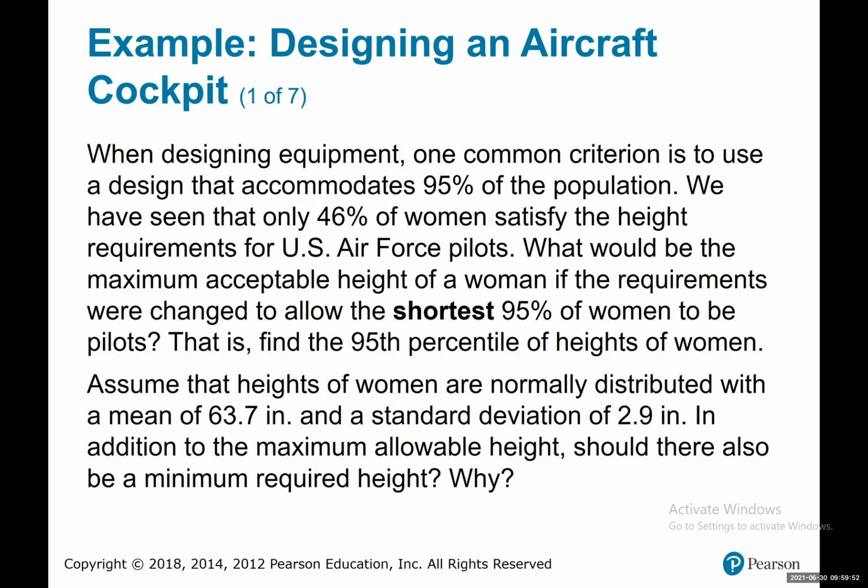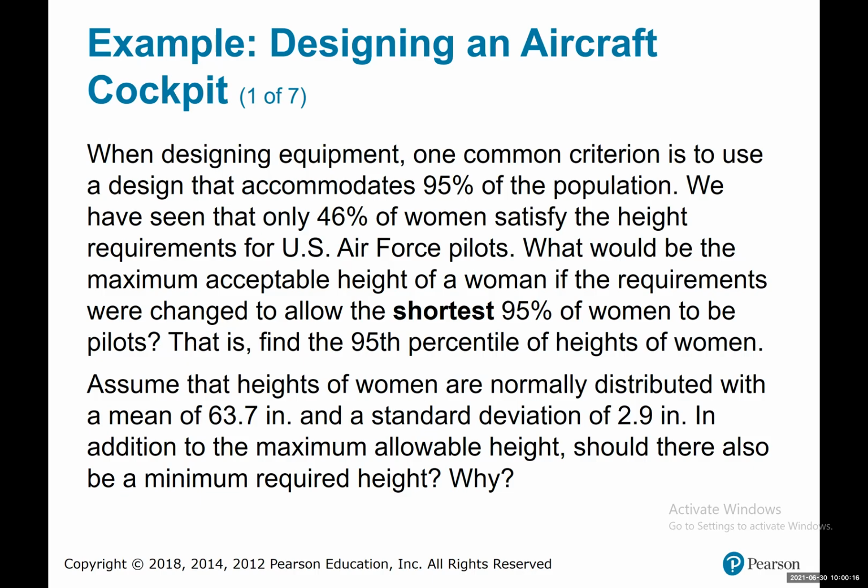When designing equipment, one common criterion is to use a design that accommodates 95% of a population. We have seen that only 46% of women satisfy the height requirements for U.S. Air Force pilots. What would be the maximum acceptable height of a woman if the requirements were to change to allow the shortest 95% of women to be pilots?